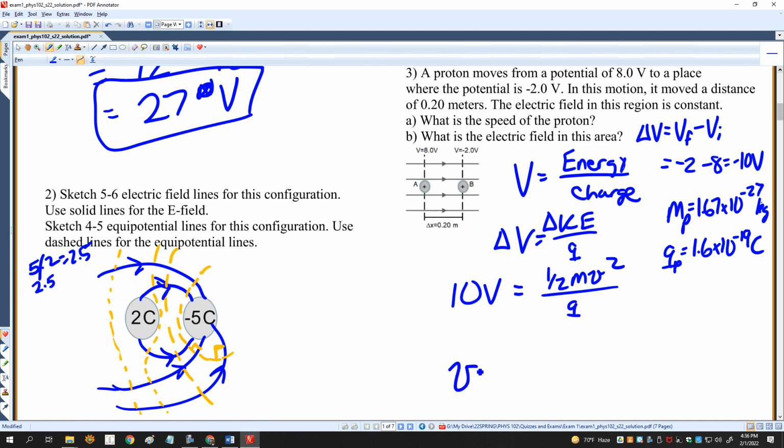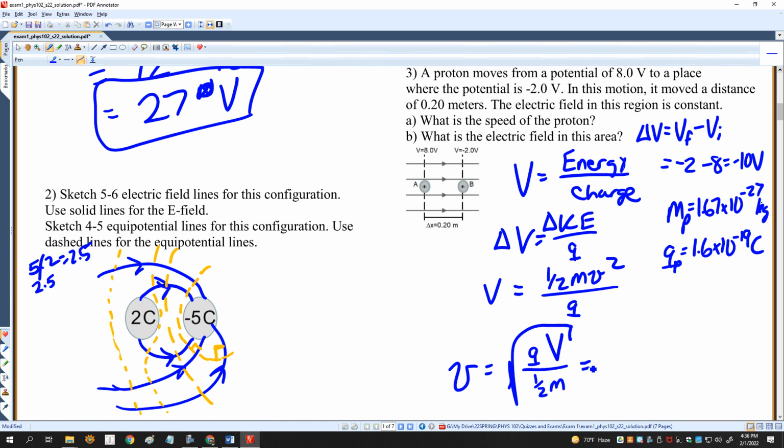So I have v is equal to, that's the speed. Let's just, instead of putting in a number in here, leave that as the voltage. So v then is equal to the square root of Q times V divided by 1/2 m.